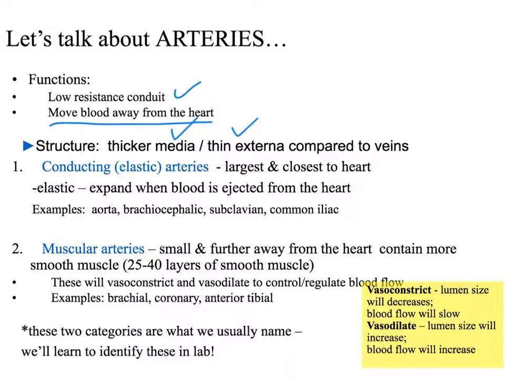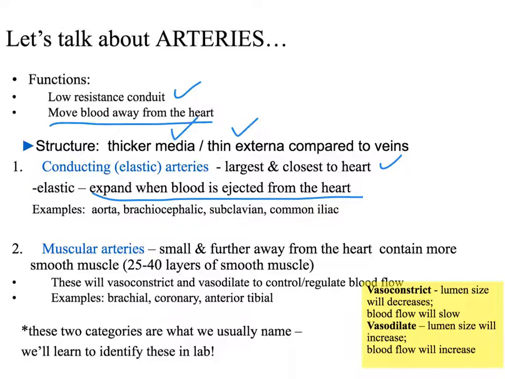The conducting arteries are the elastic ones, so they're largest and closest to the heart. Because they have elastic fibers in them, they're able to expand when the blood's ejected from the heart. When the heart contracts, in systole, they stretch, and then when the heart is in diastole, they come back to normal.